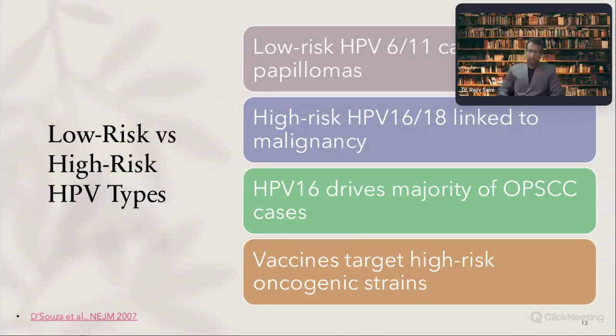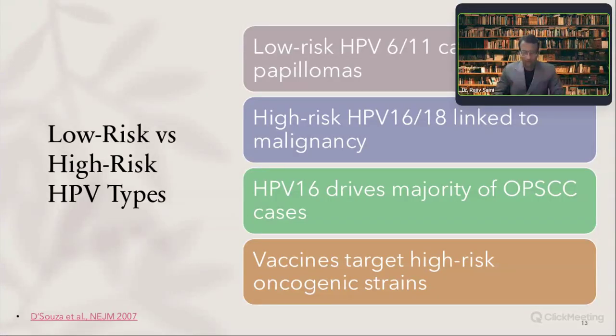But we also have to know that not all HPV infections behave the same way. There are low risk HPV infections like HPV 6 and HPV 11 that cause benign papillomas. But particularly, there are high risk HPV infections such as HPV 16 and HPV 18 that are linked to malignancy. HPV 16 in particular drives the majority of cancer cases when we talk about oropharyngeal cancers in general.